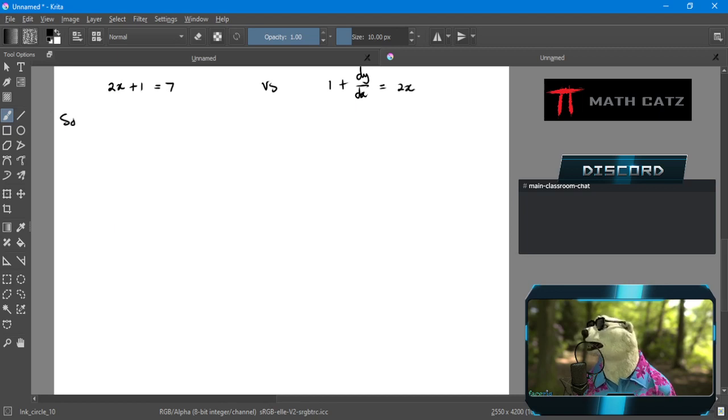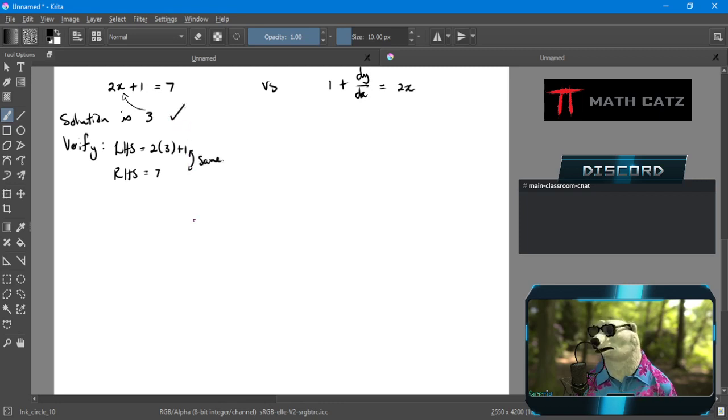If I say a solution to this equation is 3, what does that mean? How do I verify that that is in fact a solution? I'm going to calculate the left-hand side by plugging it in to x. And I'll get 2 times 3 plus 1. And then I'm going to evaluate the right-hand side. And if these two are the same, then yes, it is a solution.